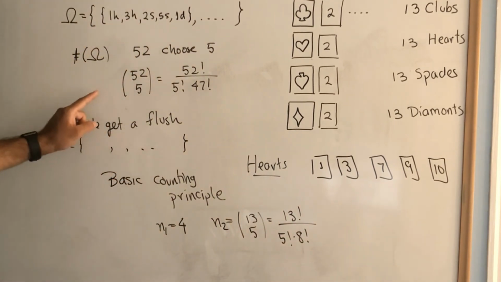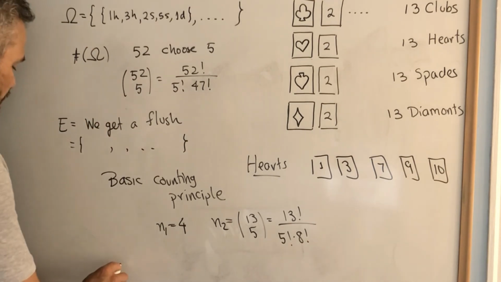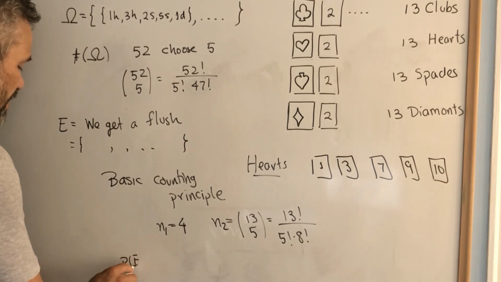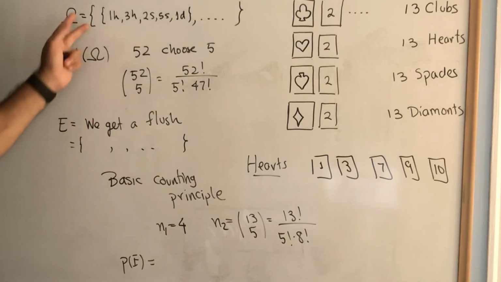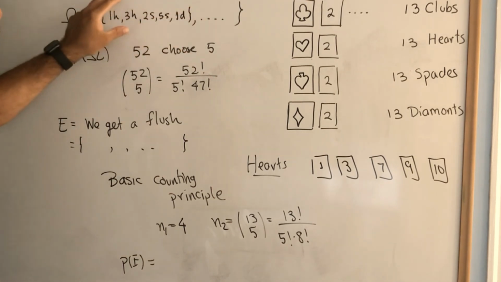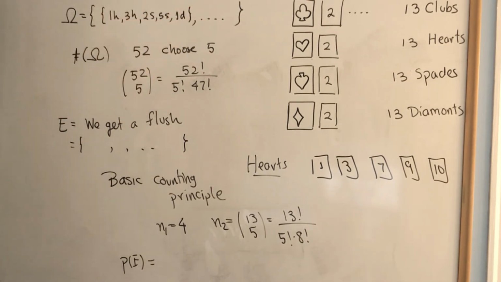Then the probability of E, remember that we are assuming that every hand has equal probability, they are equally likely outcomes.